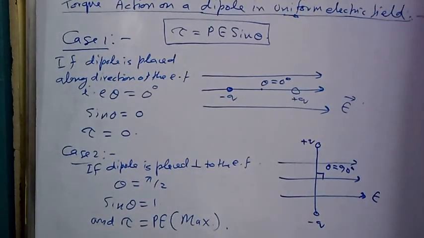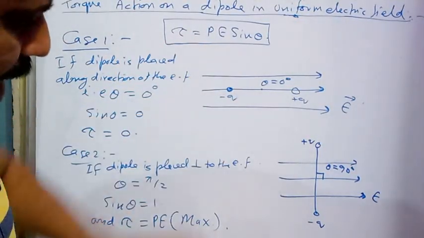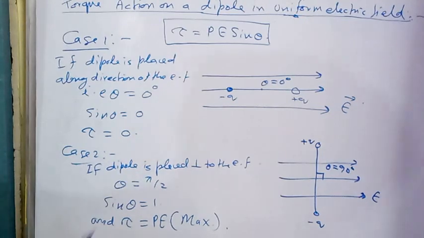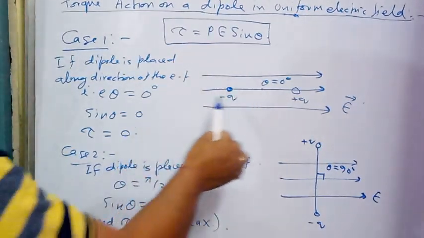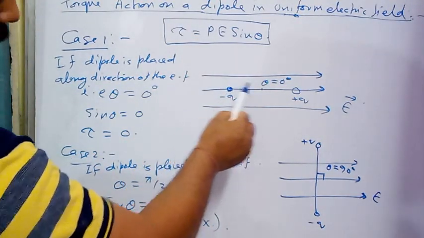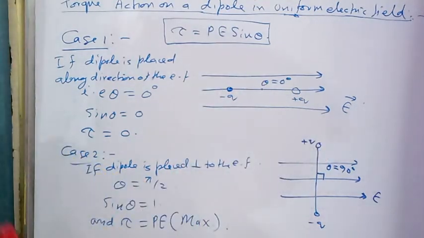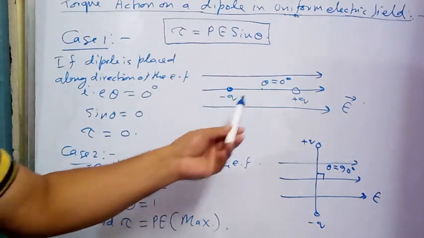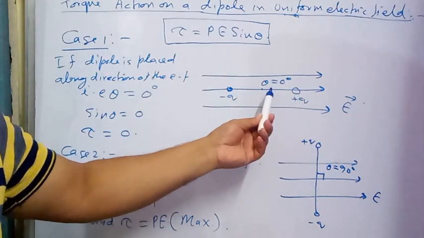Now the question arises, what can be the value of torque in different conditions? It means if the dipole is placed along the direction of the electric field, what can be the value of the torque acting on the dipole? Here you can see in the figure, if the dipole is placed along the direction of the electric field itself, then the angle between dipole moment and the electric field is 0 degree.